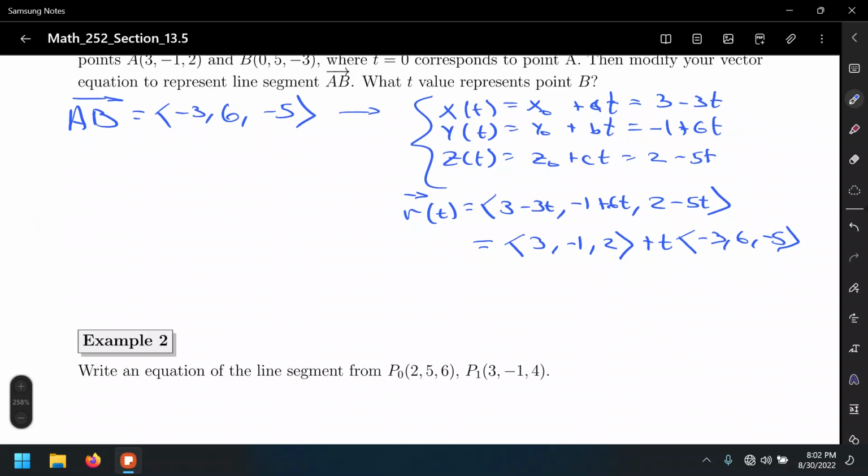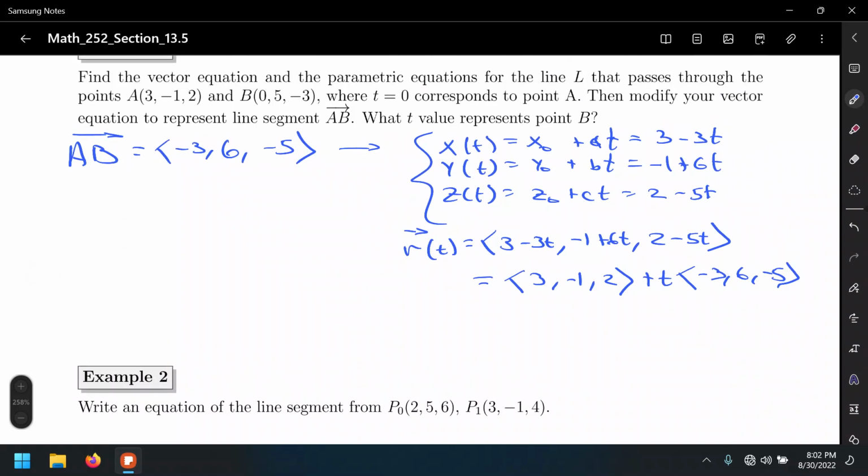All right. So that's the vector representation of the line that passes through those 2 points. And the second part of the problem, modify the vector equation to represent the line segment, and then what's the value represents point B.